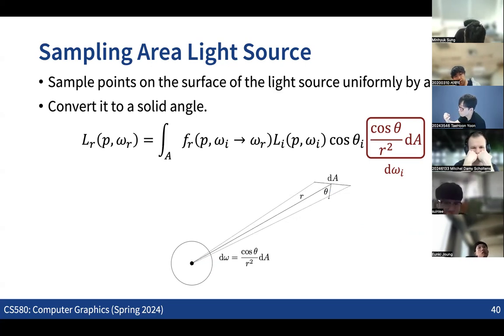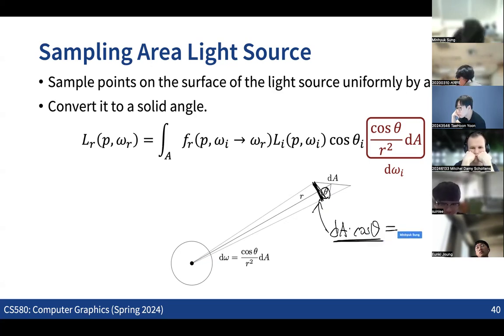Given this angle, the projected area, which is also perpendicular to the view direction, becomes dA times cosine theta. And from the definition of the solid angle, this becomes the same as r squared times the differential of the solid angle, right?